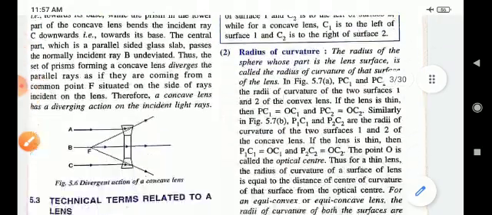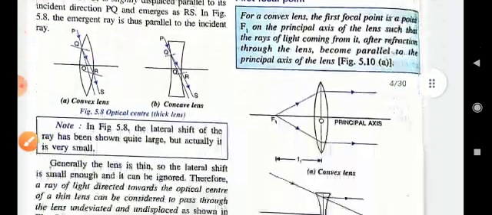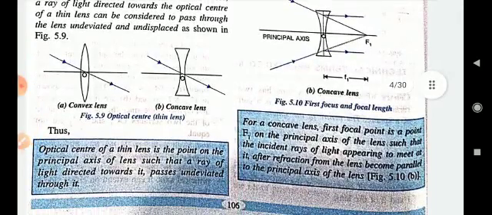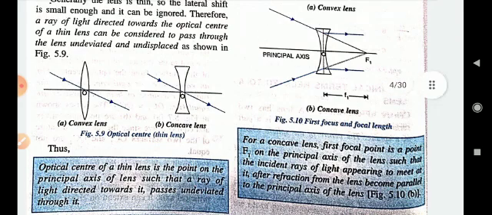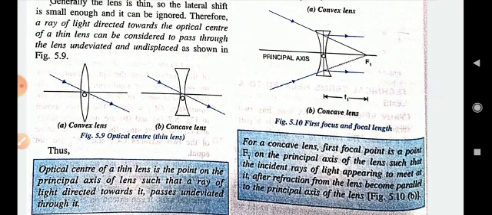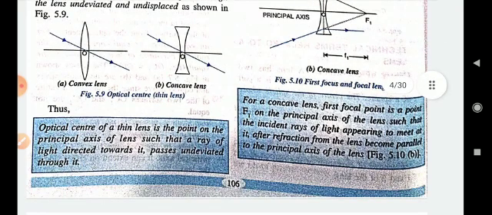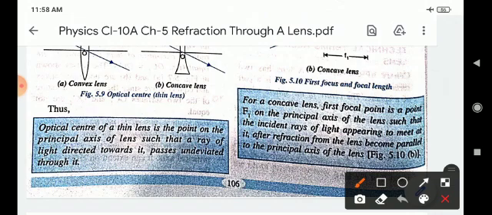Now I will consider the next point, convex lens and concave lens.